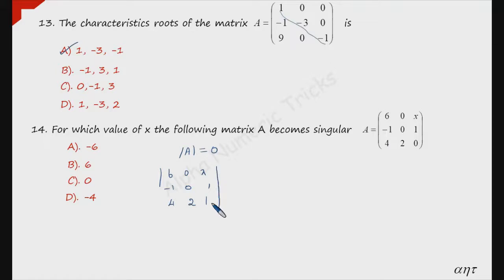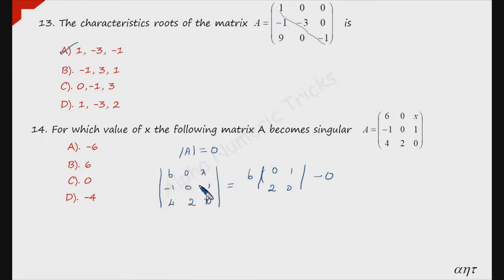So the determinant of this matrix is equal to 6 into, you write 6 and leave the first row and first column. The remaining terms you have to write: determinant of 0, 1, 2, 0. And the second element is 0, and 0 into anything is 0; you leave this row and column and write the remaining terms, so this becomes 0.